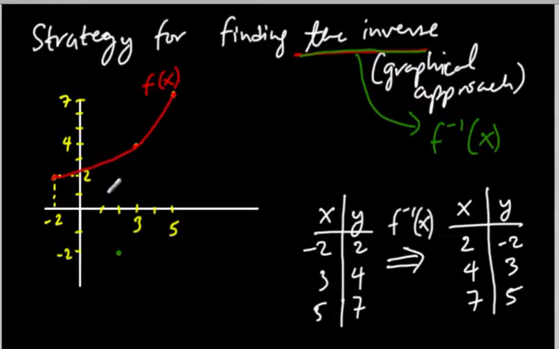Next, 4, 3. This is 1, 2, 3, 4, so 4, 3 is somewhere here. And 7, 5, which will be 2 more points here, so 6, 7. 7, 5 is right here.